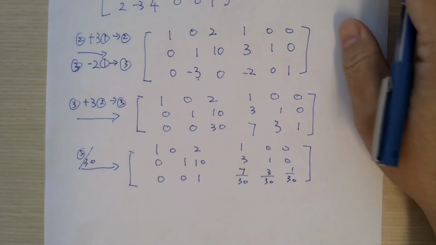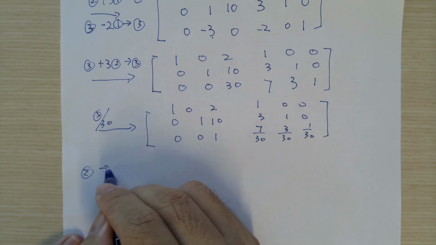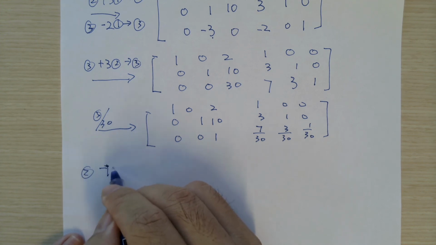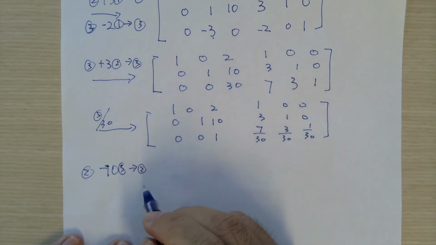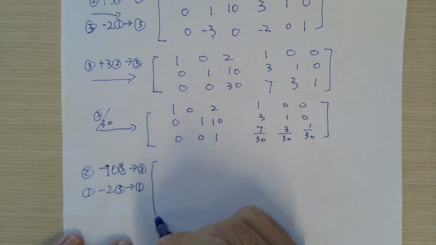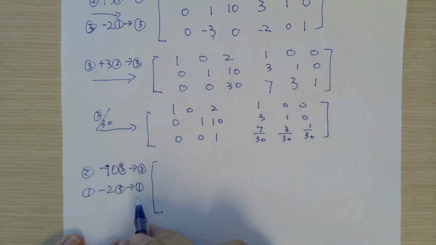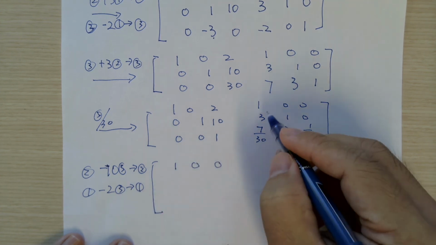And then we use row 2 minus 10 times row 3 becomes new row 2, and also we use row 1 minus 2 times row 3 becomes new row 1, and we can do this one first. So this is going to be 1 0 0, right?